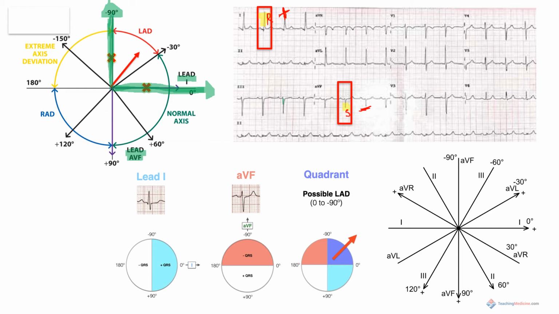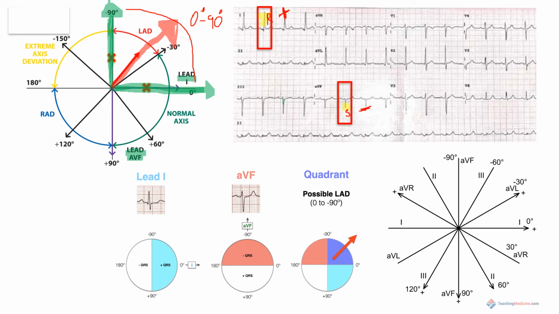After you draw both of your vectors, draw your mean electrical axis in between. As you can see right here, in this case, your mean electrical axis is anywhere from 0 degrees to negative 90 degrees.